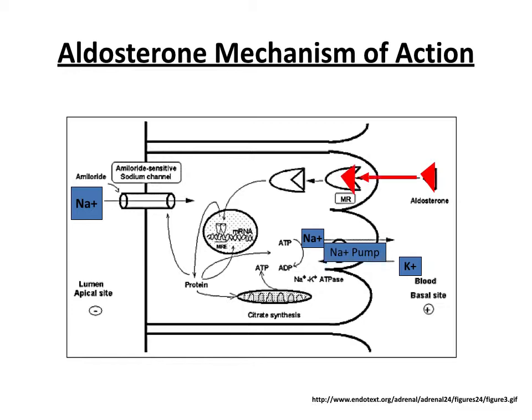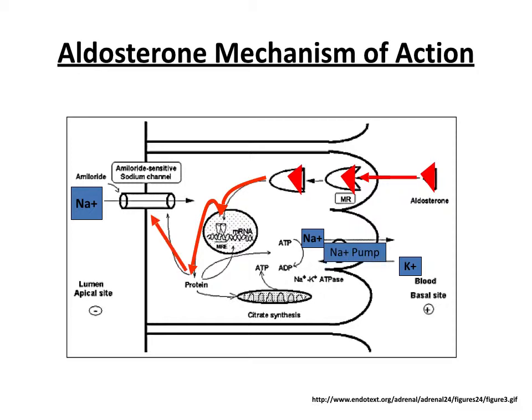So aldosterone at the level of the kidney is going to bind these mineralocorticoid receptors, which translocate from the cytoplasm into the nucleus. They form dimers there and bind response elements on DNA, and you get alterations in transcription.